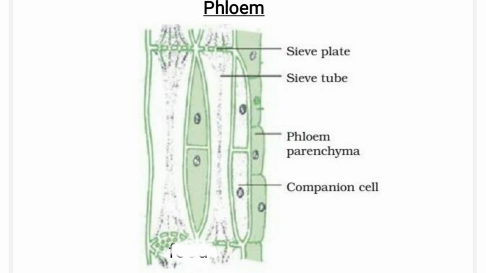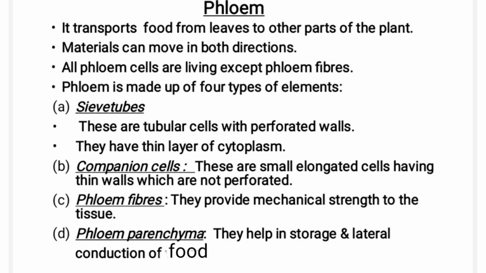Sieve tubes are tubular cells with perforated walls. They have a thin layer of cytoplasm. Companion cells are small, elongated cells having thin walls which are not perforated. Phloem fibers provide mechanical strength to the tissue. Phloem parenchyma helps in storage and lateral conduction of food.